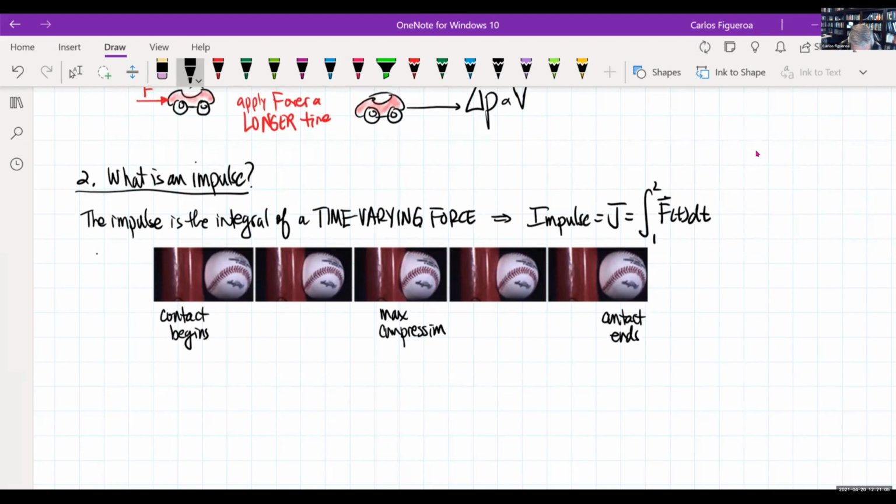The thing that's really, really important, and I'll only look at half of this thing, check this out. Compare this moment to this moment to that moment. You're seeing a time varying compression of the ball.